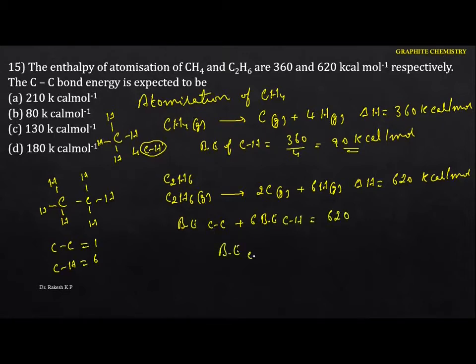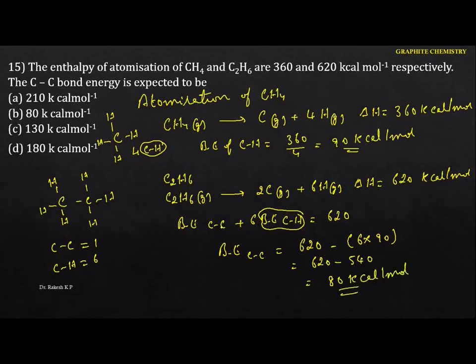The bond energy of carbon to carbon is equal to 620 minus 6 into the bond energy of CH bond we got here, that is 90. So 620 minus 540, the value you are going to get is 80 kilocalorie per mole. Hence in this case the option is B.